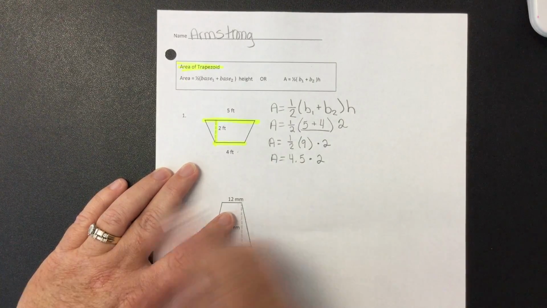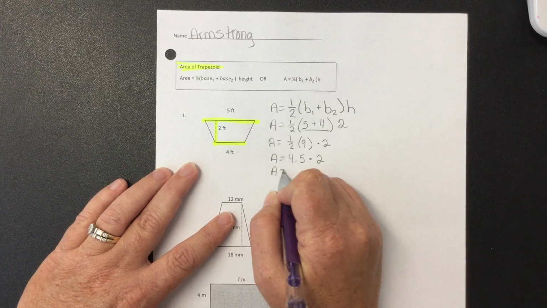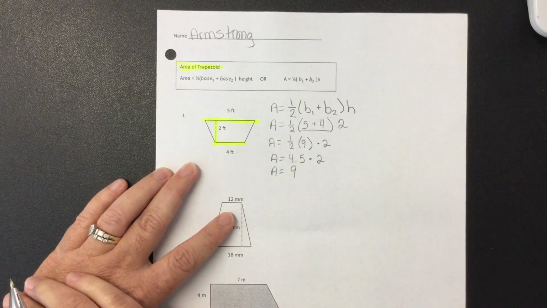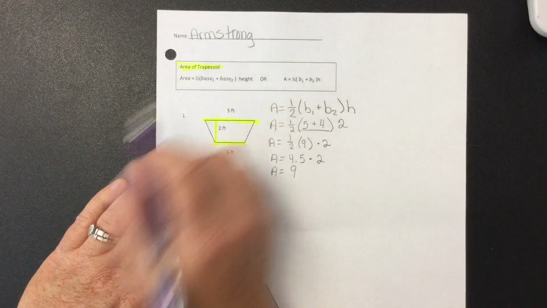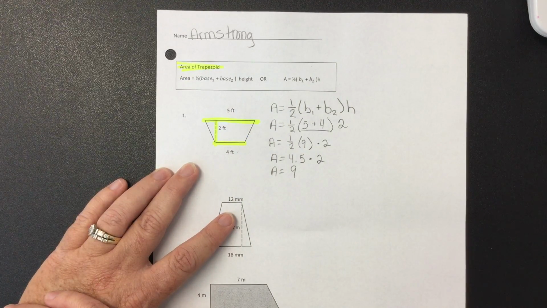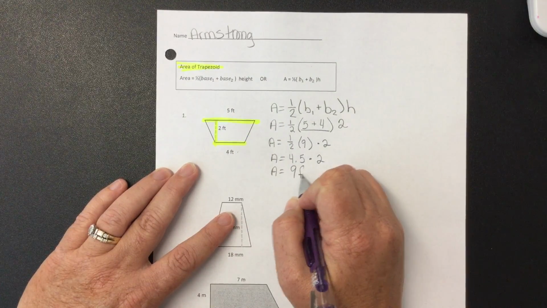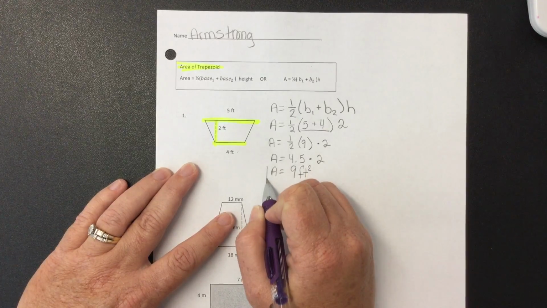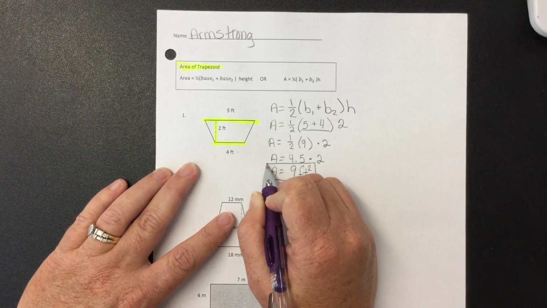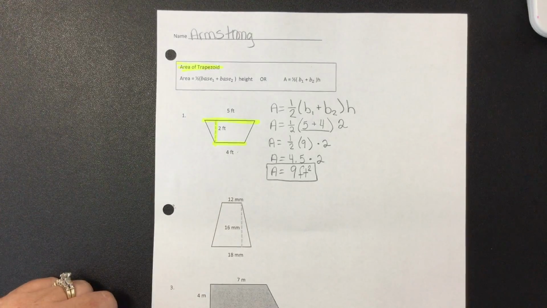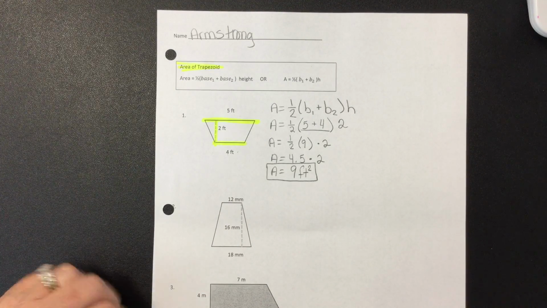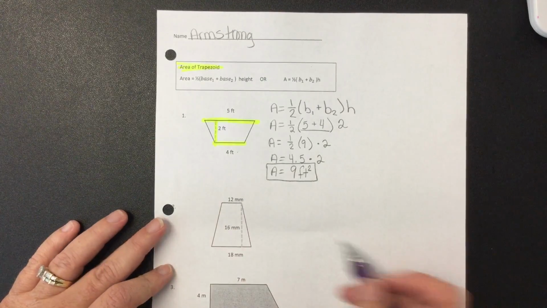And 4.5 times 2 gives me, and we don't have naked numbers, we're talking about area, so it will be 9 feet squared. Bam, done.